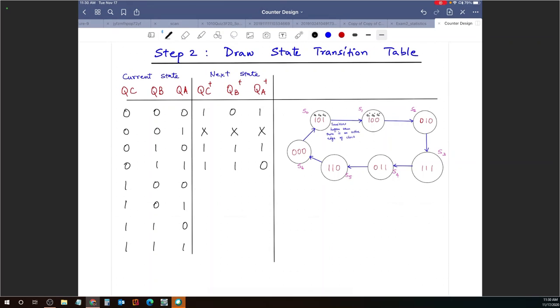After 4, 0 1 0. After 5, 1 0 0. After 6, 0 0 0. After 7, 0 1 1. All right. How are we doing so far? Questions about how do you fill the current state and how do you fill the next state?